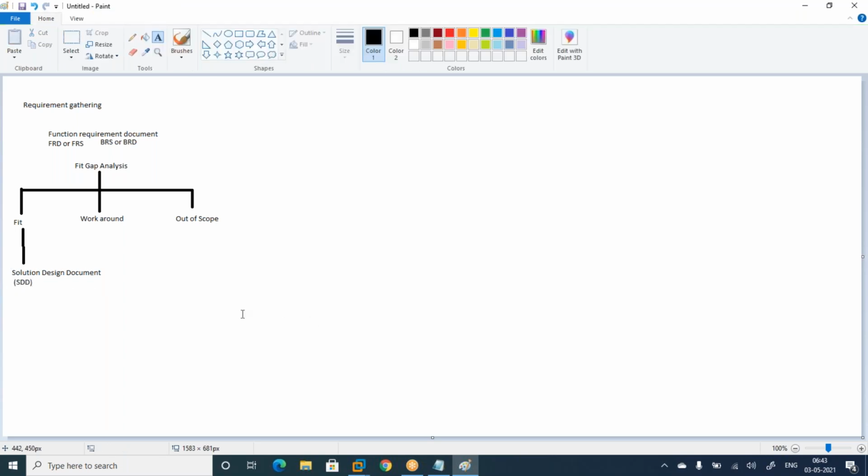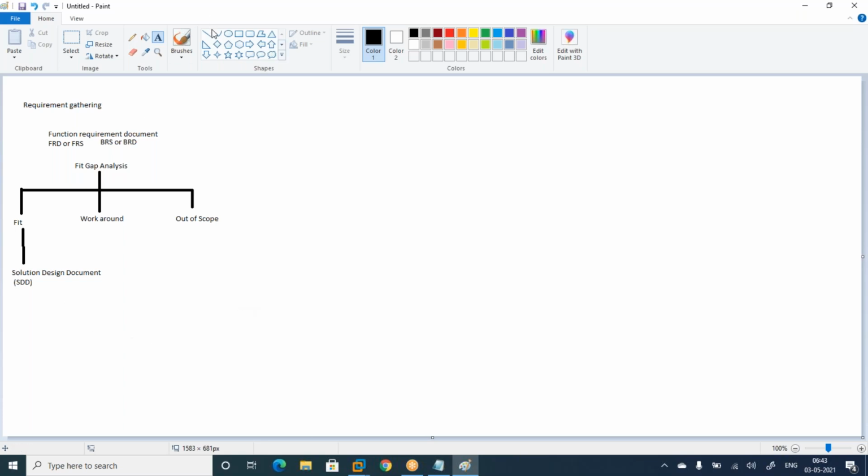Solution design document is a kind of help document. You are preparing how to create a sales order. How to create a sales order means first the sales order screen, something, one by one you need to explain.